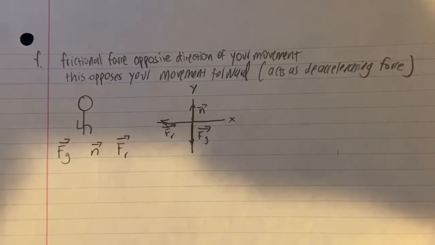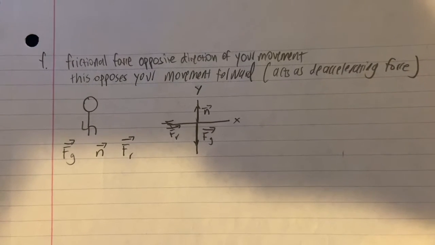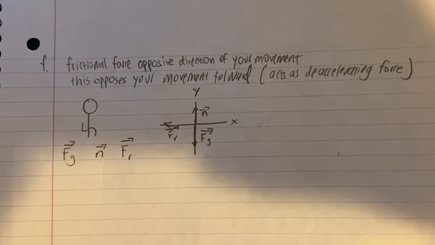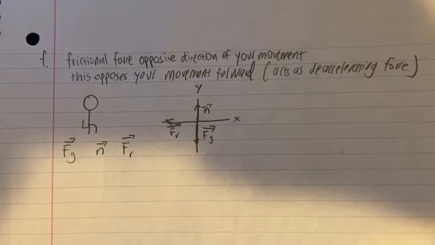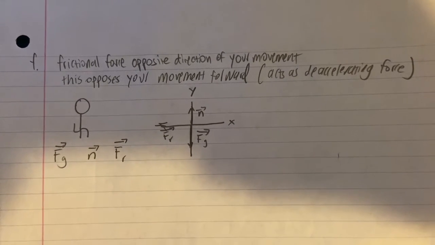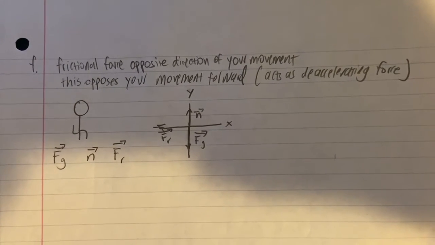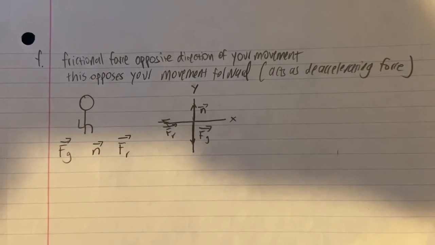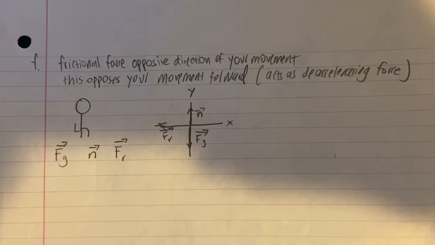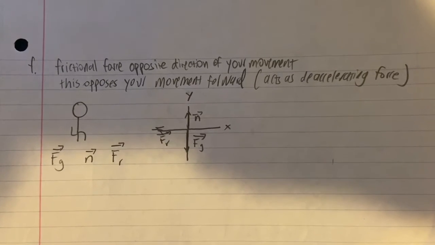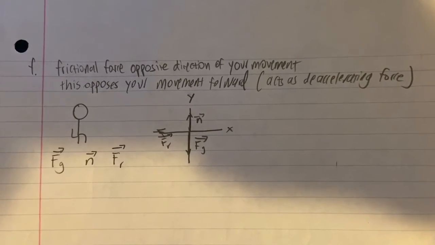So in this new free body diagram, the normal force and the gravitational force are going to be the same. However, now that the bench is not slippery and there is a friction force holding you back, there's a new element to the free body diagram, and that will be the frictional force in the negative x direction.